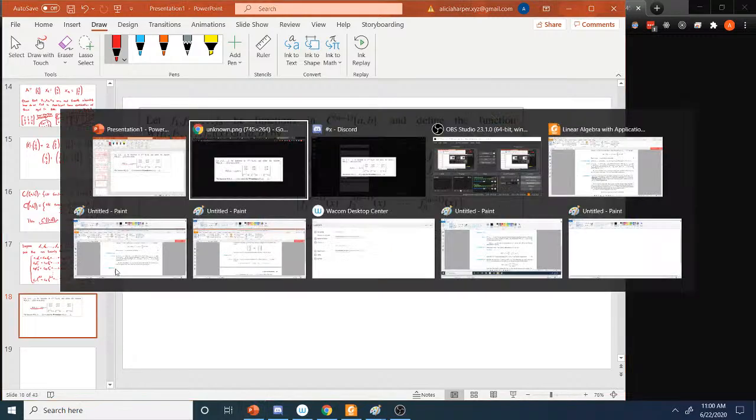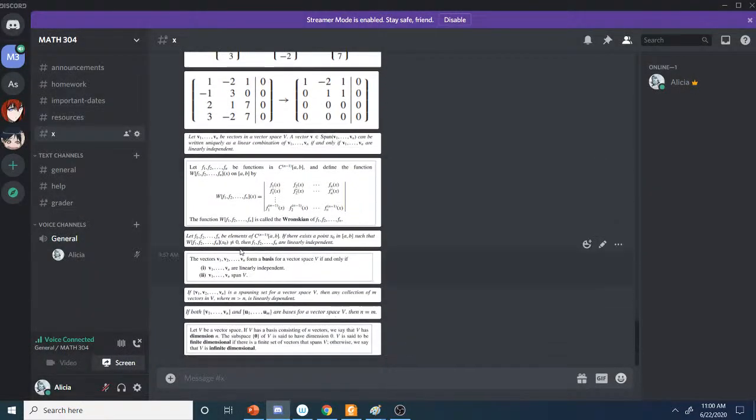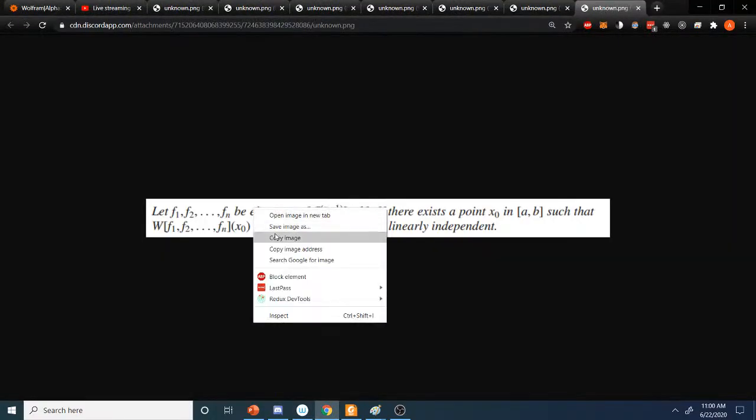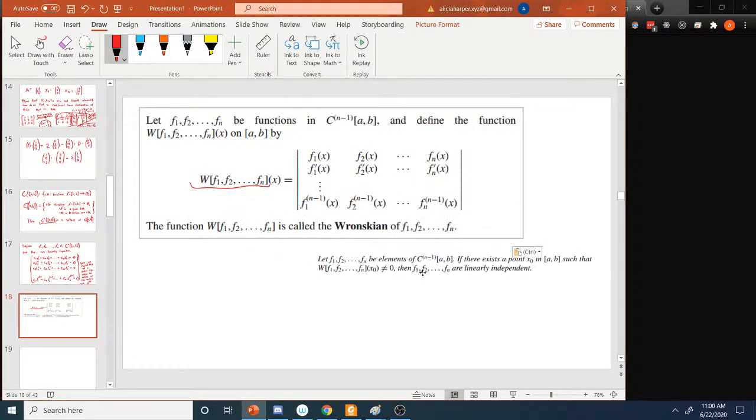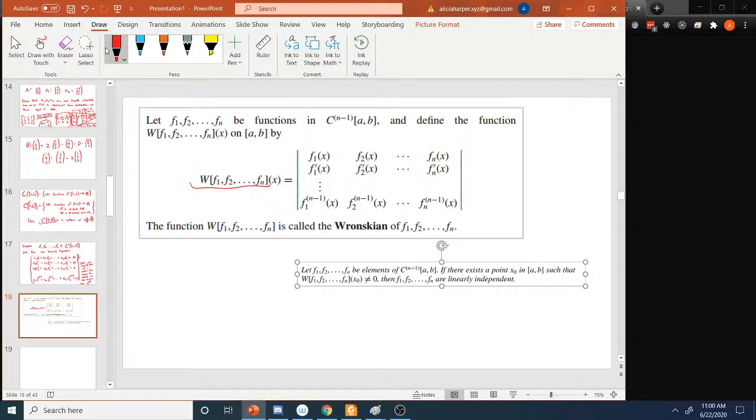And here's the key fact about it. This is going to be a theorem. If f1 through fn are elements of this space, and there exists a point x0 in AB such that the Wronskian is non-zero, then f1 through fn are linearly independent.